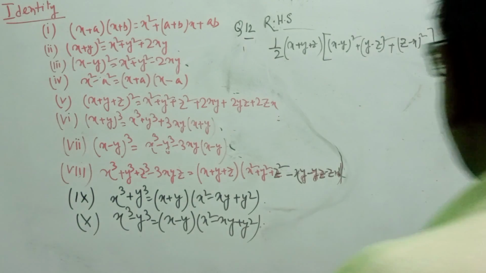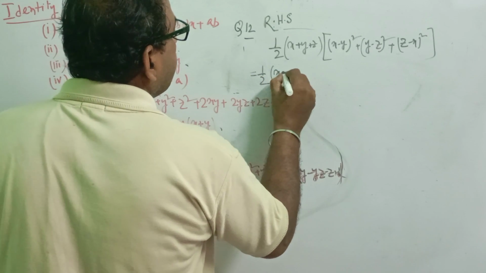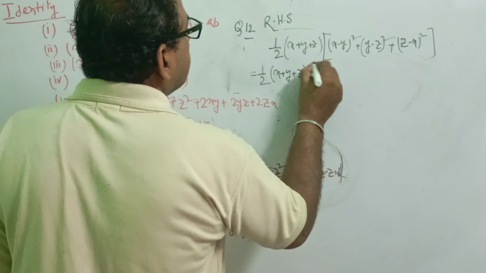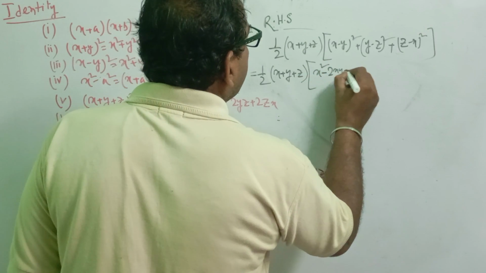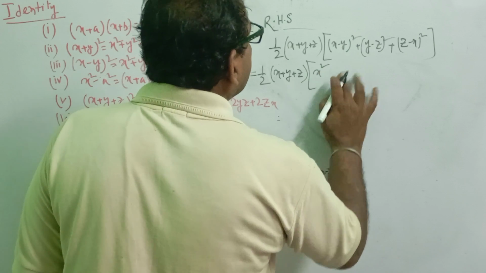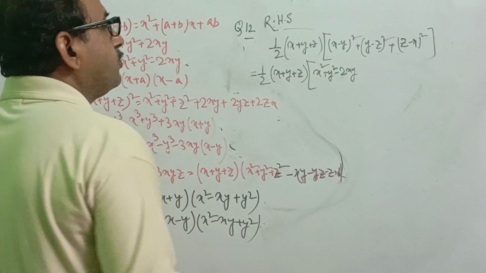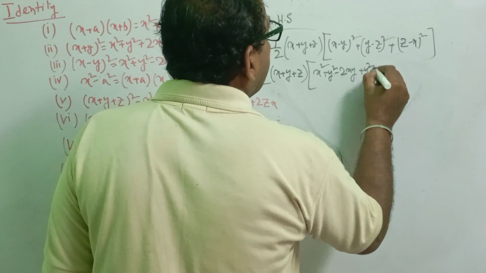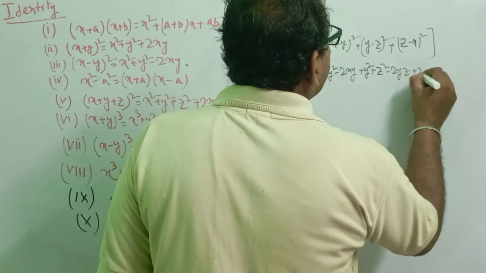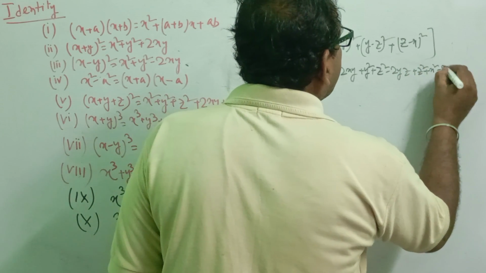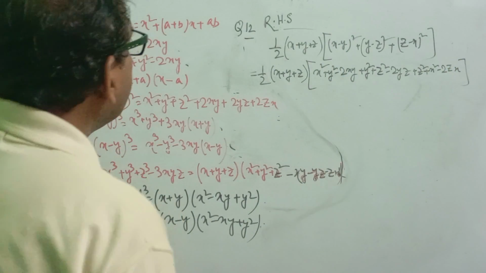Now what will we do? Half x plus y plus z, x square minus 2xy plus y square minus 2xy, then plus y square plus z square minus 2yz plus z square plus x square minus 2zx. Which identity are we using?